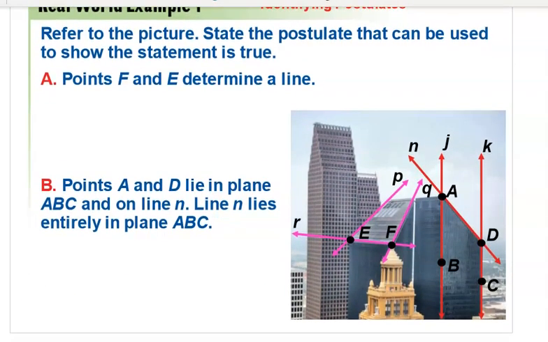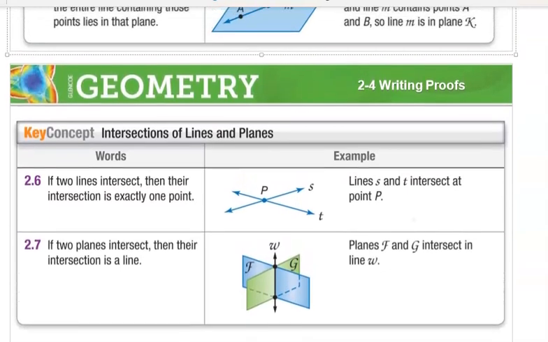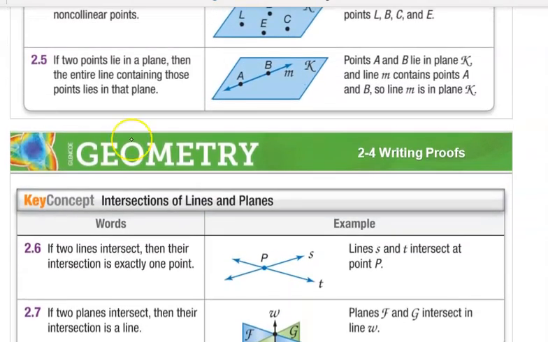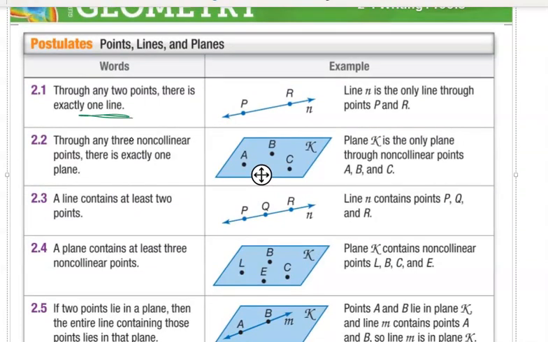So we're going to state the postulates that can be used to show that the statement is true. Points F and E determine a line. So we go back up to the list. Through any 2 points, there's exactly one line.